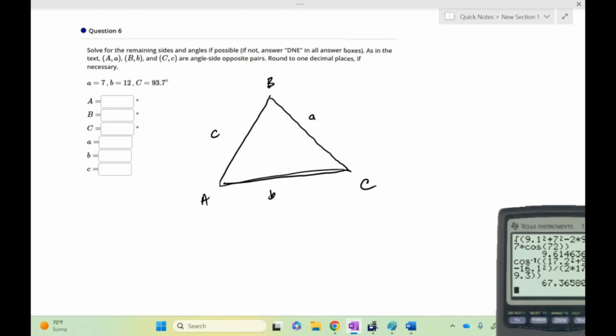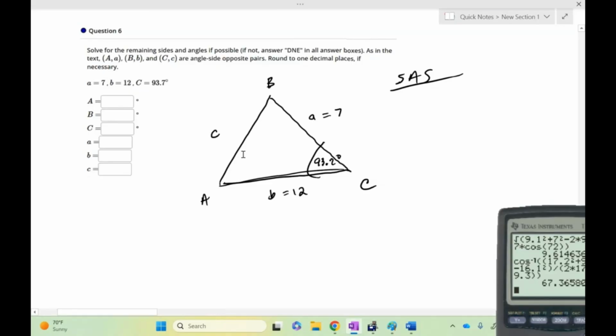And then just jot in the given information. So A is 7, B is 12, and angle C is 93.7 degrees. Just by looking at this, this is a side angle side case.